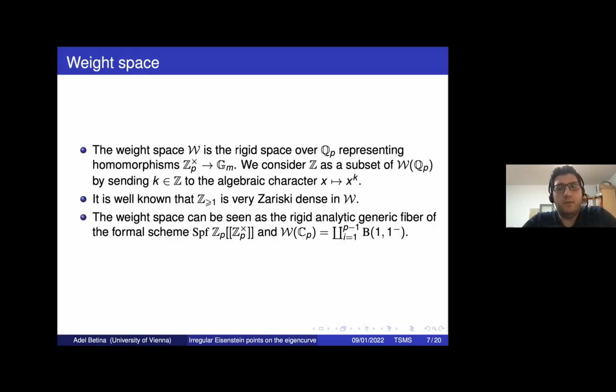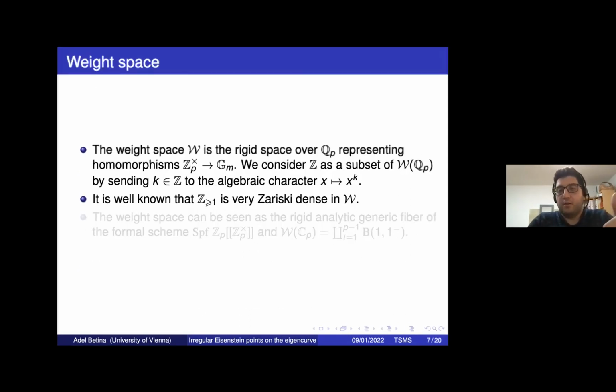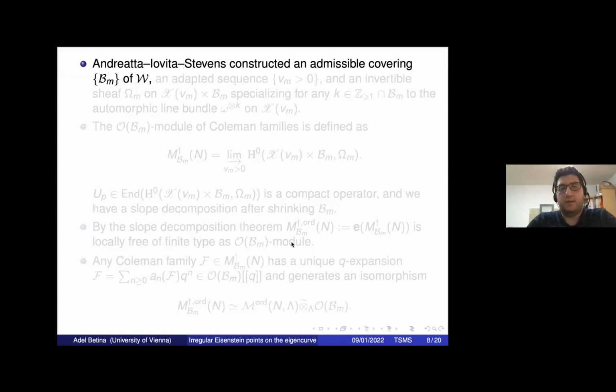And now I will explain how we can deform modular forms. So the idea here, we see that modular forms are sections of this omega^k. So we need to deform this sheaf along the weight space. And it's what people did before. Coleman did it in another way, but it is more modern to use the method of Andreatta, Iovita and Stevens.